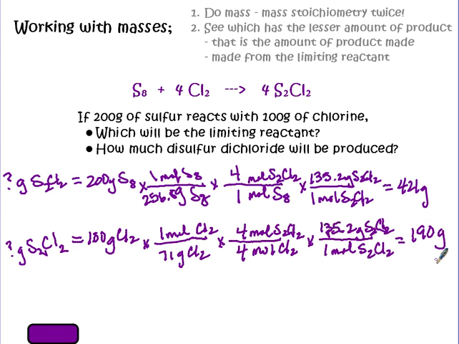And for that, we're going to choose the lesser amount. The lesser amount in this case is 190 grams. And so that is the amount of product that I'll make. So that answers this question right here, 190 grams. And the answer to this question is going to be the chlorine, right?